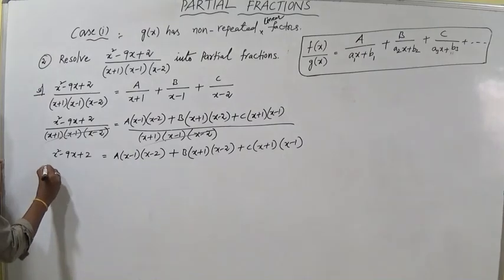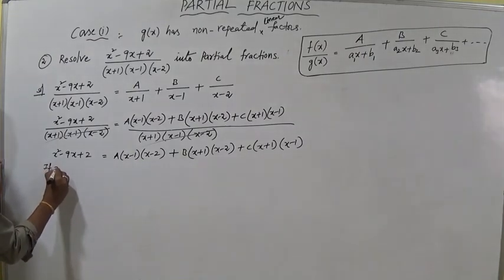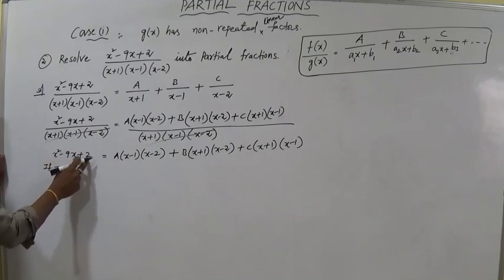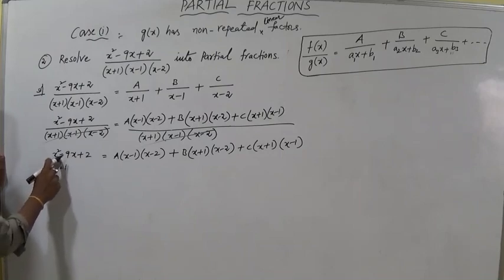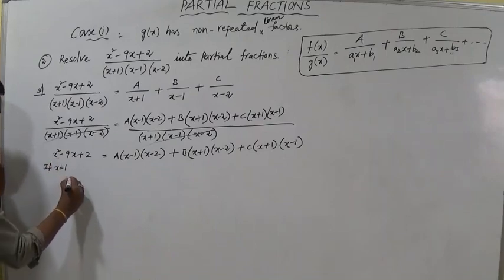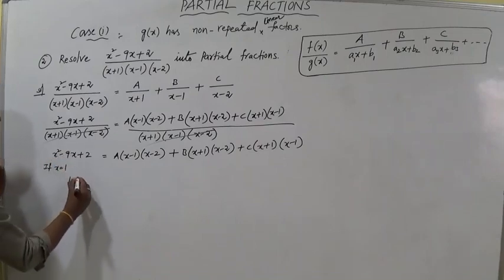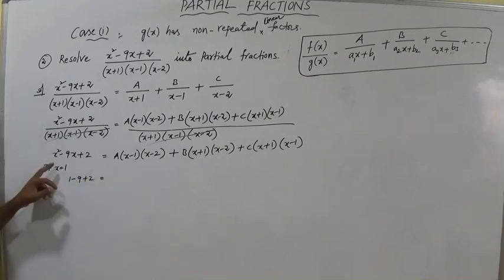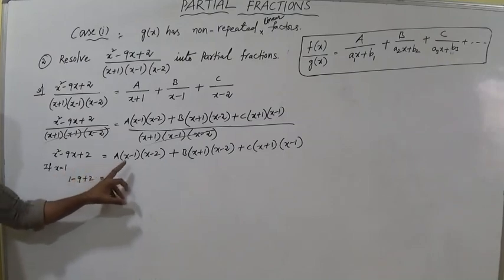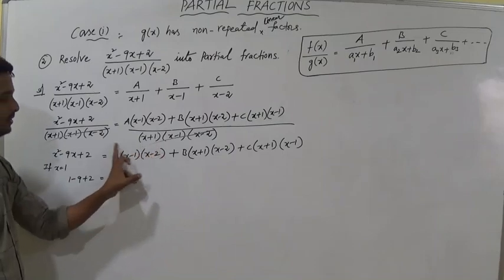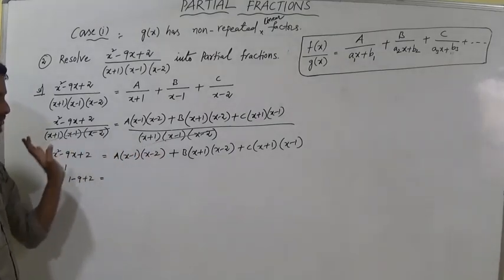Substitute x is equal to 1 in the place of every x in x square minus 9x plus 2: 1 square is 1, minus 9 into 1, minus 9, plus 2. On the right side, A into 1 minus 1 is 0, and 0 times anything is 0 throughout.